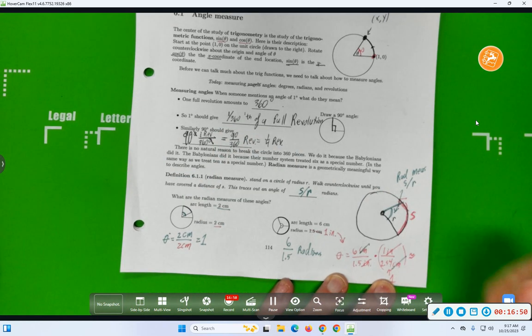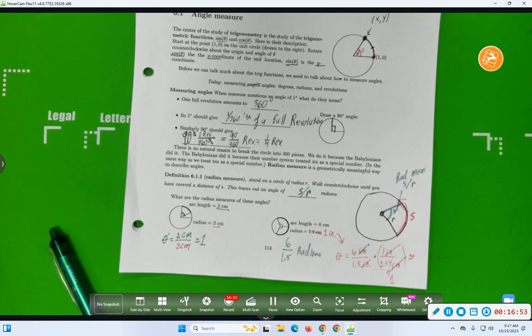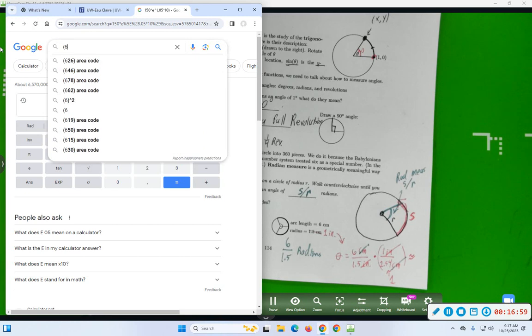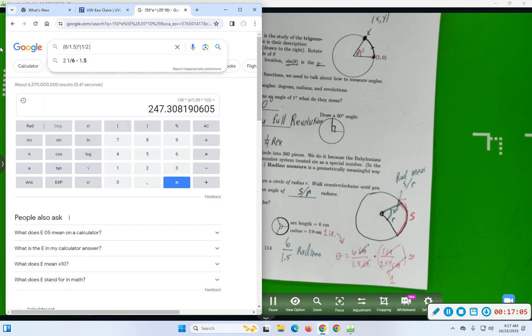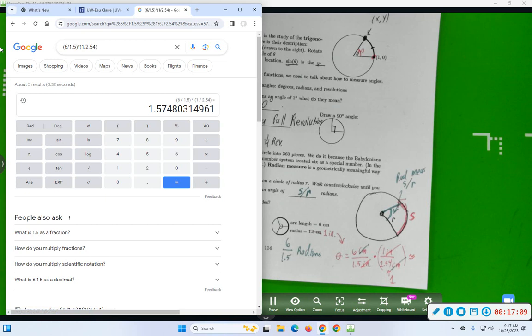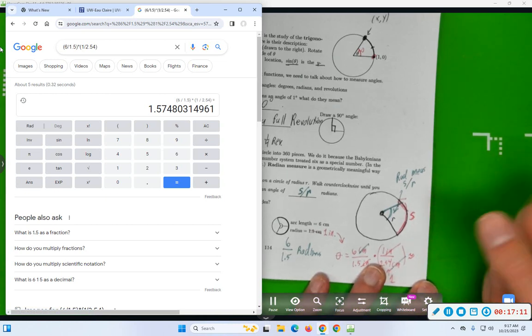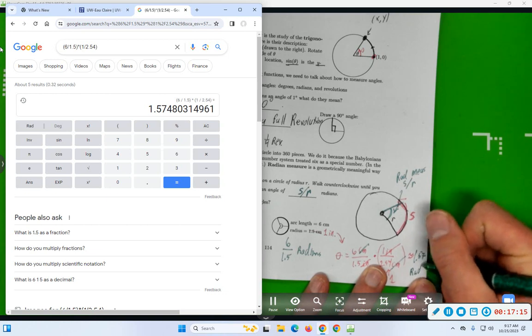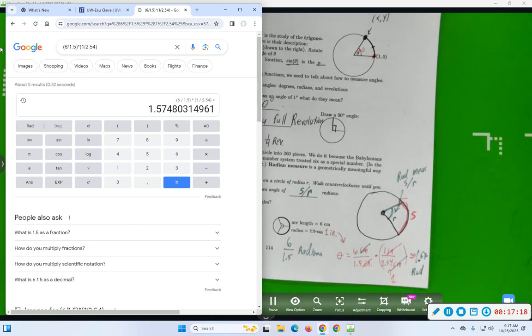Centimeters will cancel. And now, those numbers are ugly enough, let's use a calculator. 6 divided by 1.5 times 1 divided by 2.54. 1.57. It's groovy. How do folks feel?